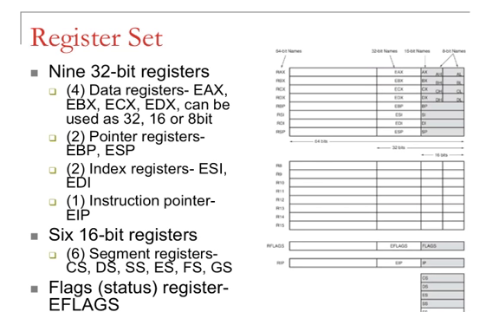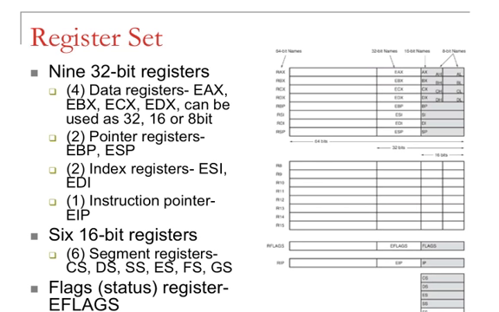In this class, we'll do a lot of things on CS, DS, SS, sometimes ES, because the code segment is where the program instructions are stored. That's why we call it code. Programs are stored in the code segment, and the particular location in the code segment is given by this IP or EIP. We'll look at segmentation management.